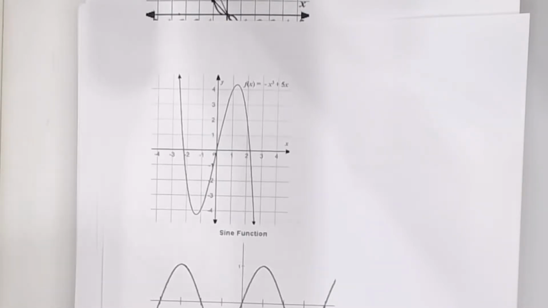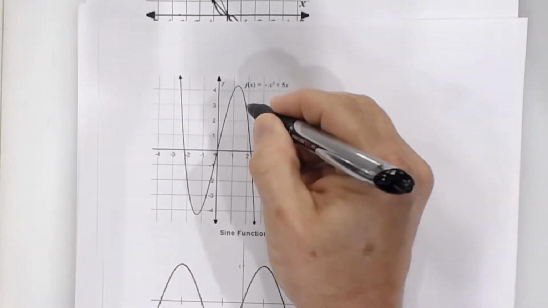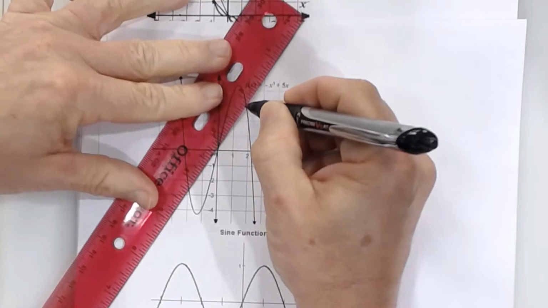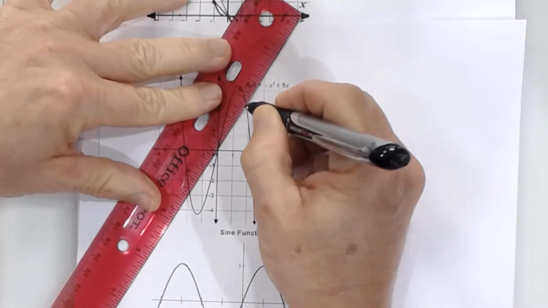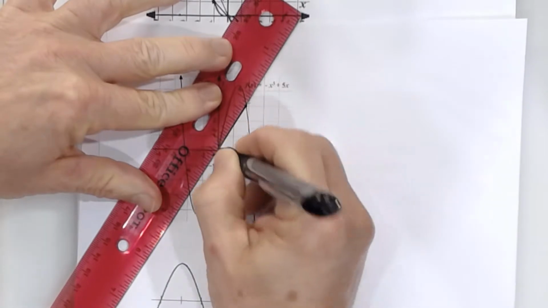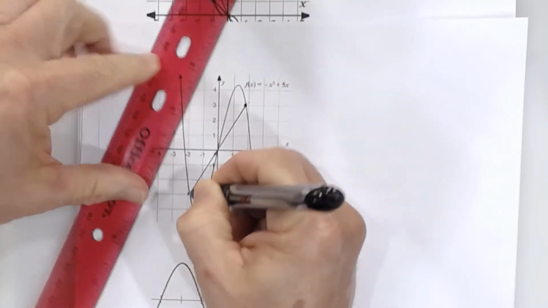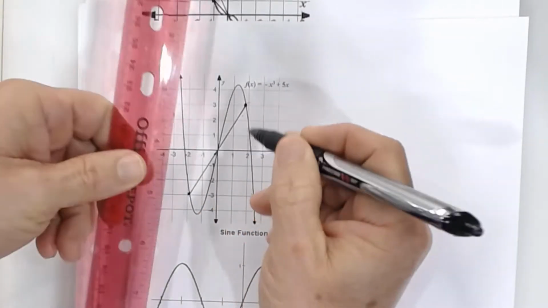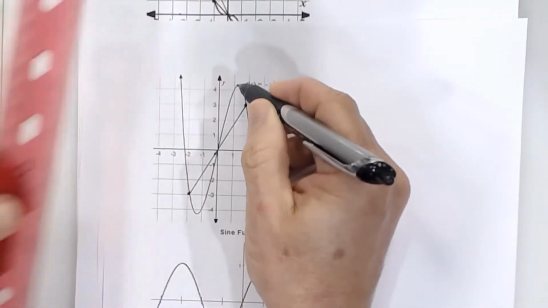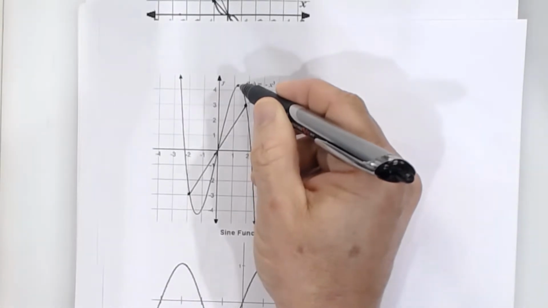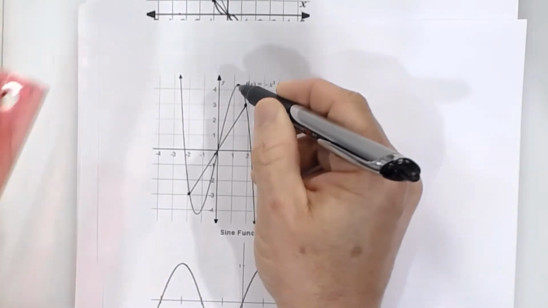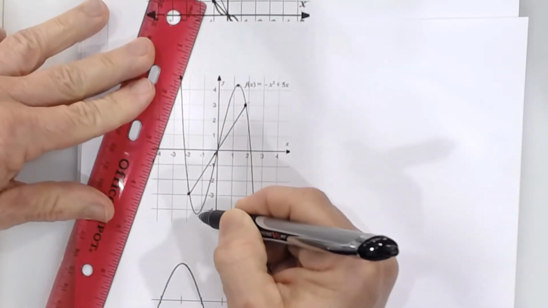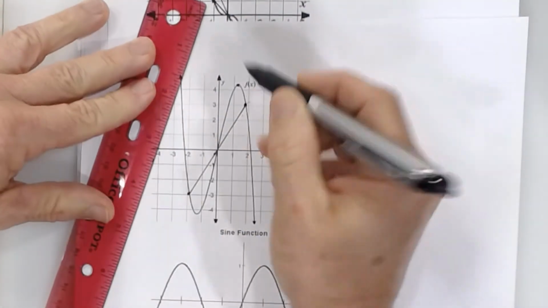Well, let's see. If I take this point right here and I reflect it about the origin, I get this point here. Those distances should be the same, correct? Same thing here. If I take this point up here, and remember this is called a relative max, if I take this relative max, I better get this relative min then, right? So let's see if I can draw this pretty well.